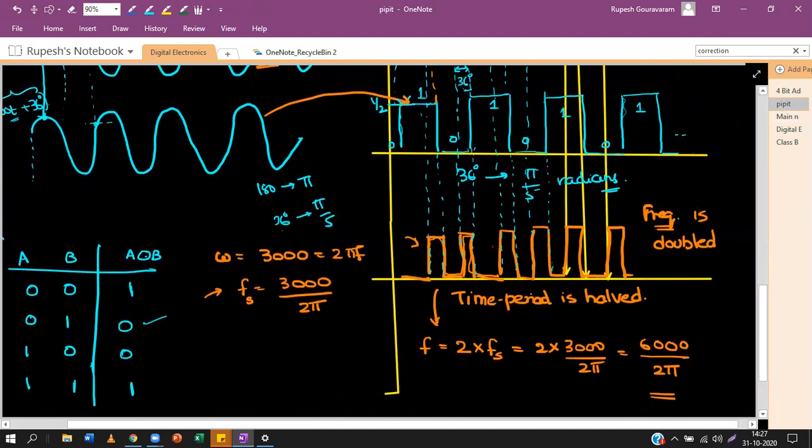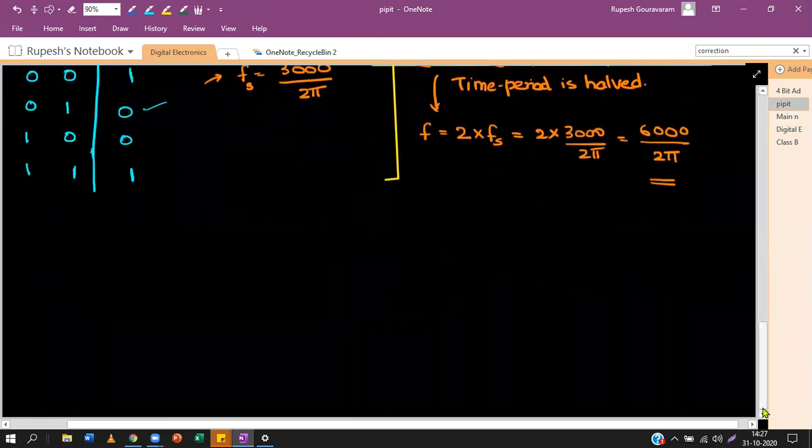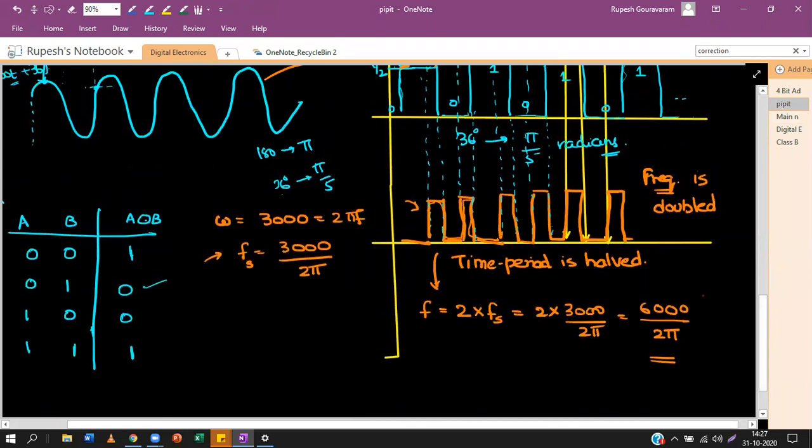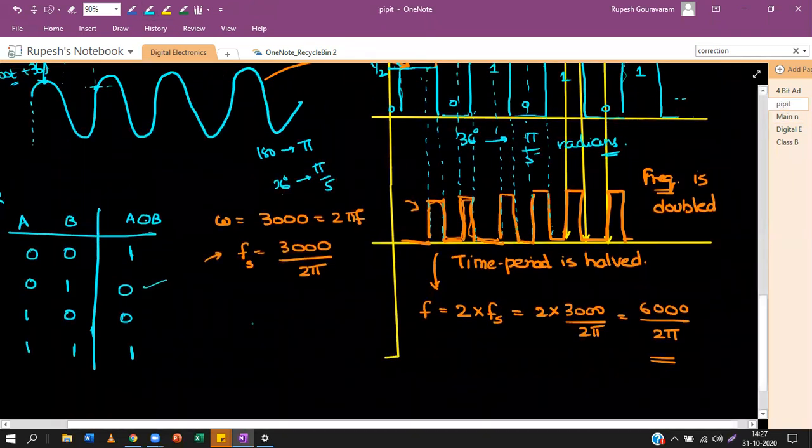So this is a rectangular curve for which, if you take the Fourier transform, it will appear like what? Let us see. It will appear like this.